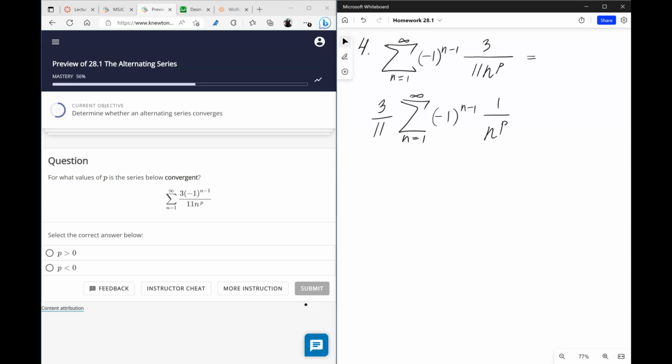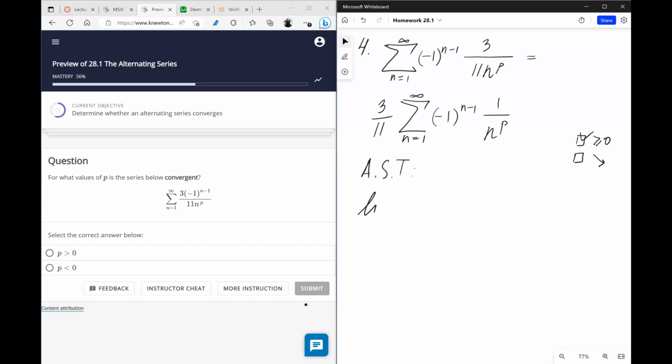Let's see, if the alternating series test is applicable, then it will be under two conditions. One is that it's positive, two that it's decreasing. Of course, it's going to be decreasing when p is positive.